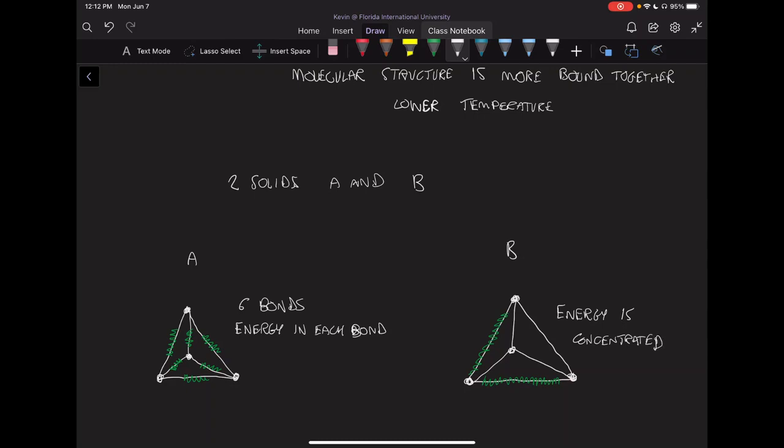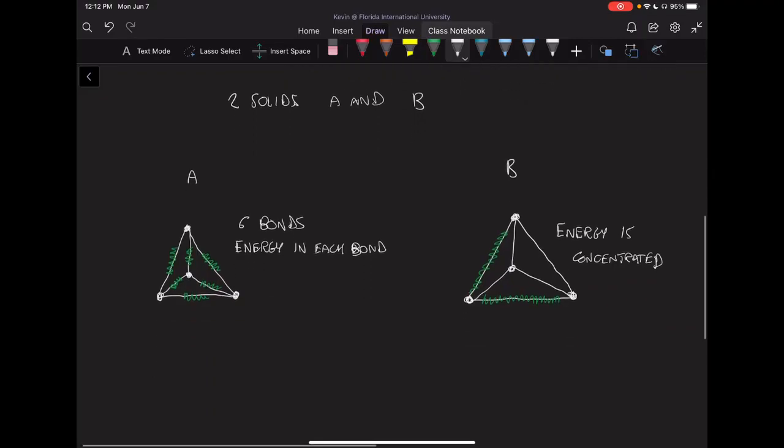Now, entropy can be thought of as a measure of the spread of energy.